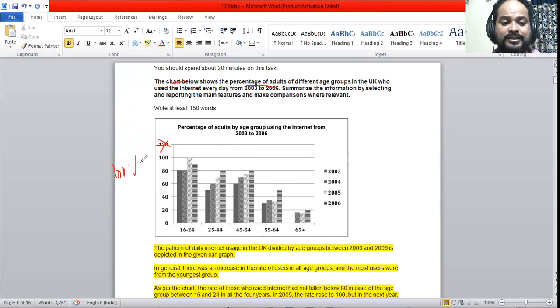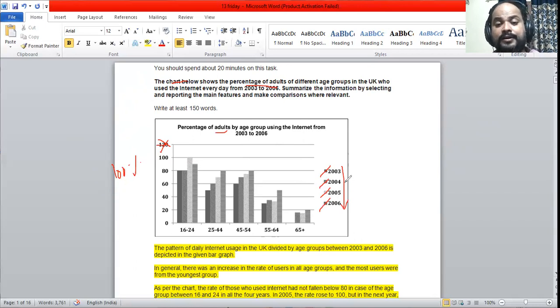Out of the 100%, how many people or adults, here it is adults, used the internet daily or every day. These are the years: 2003, 2004, 2005, and 2006.